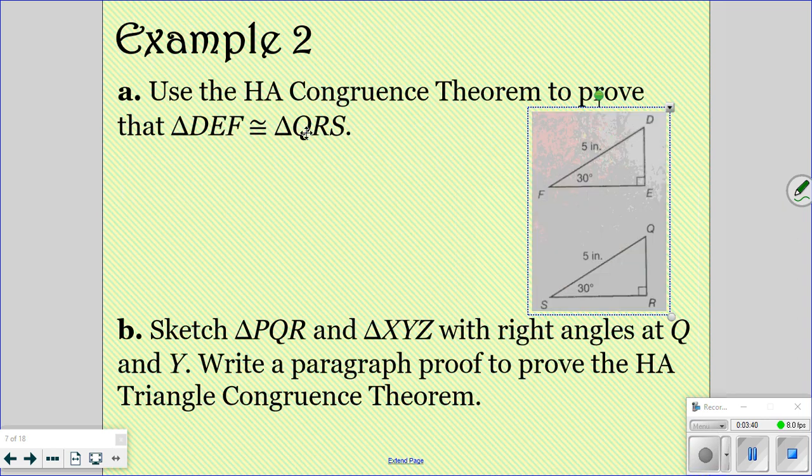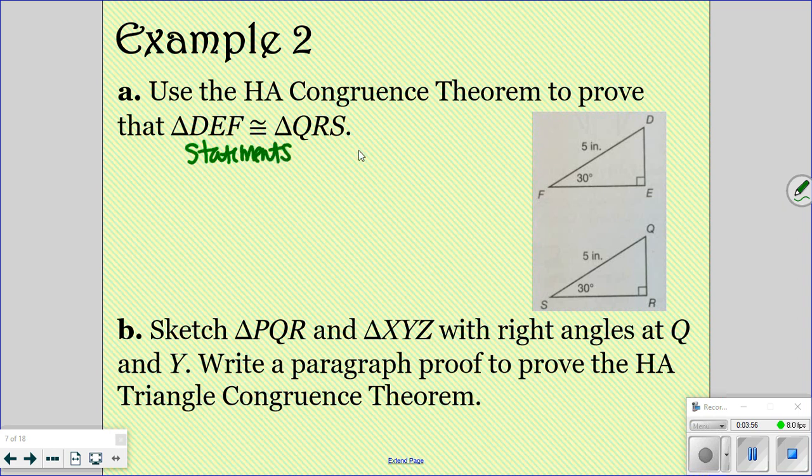So we want to use the hypotenuse angle congruence theorem to prove that the two triangles are congruent. So we can do a 2-column proof on this one just to show you that you can still do them, or you can do a paragraph proof if you'd rather, or you can do a flowchart proof, whichever is fine.